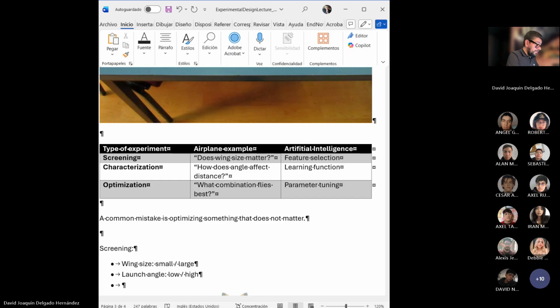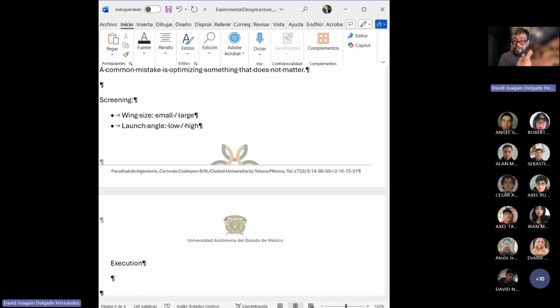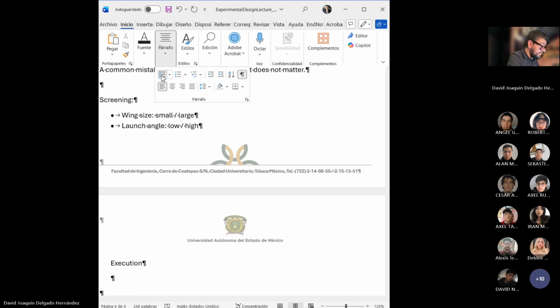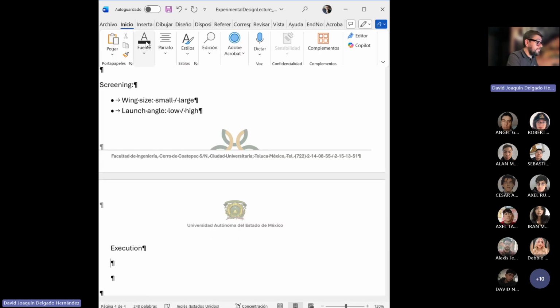So this is translated in the execution. If I have these two different variables and each of them has these two different states, wing size is small and large and launch angle is low and high, I can have four different experiments. So let me put this down. Let's put this bullet point.